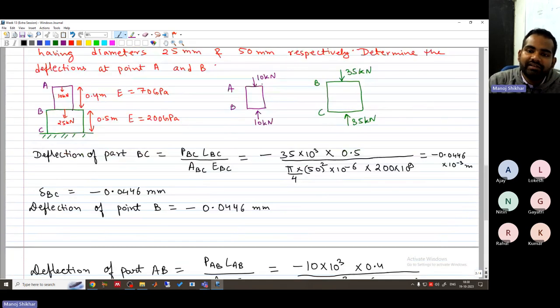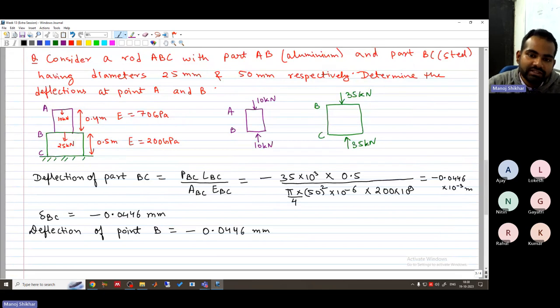Now here is the tricky part. For the part BC, since point C was not moving, the deflection of B was whatever is the deflection in this member. But for point A, the total deflection will be what?